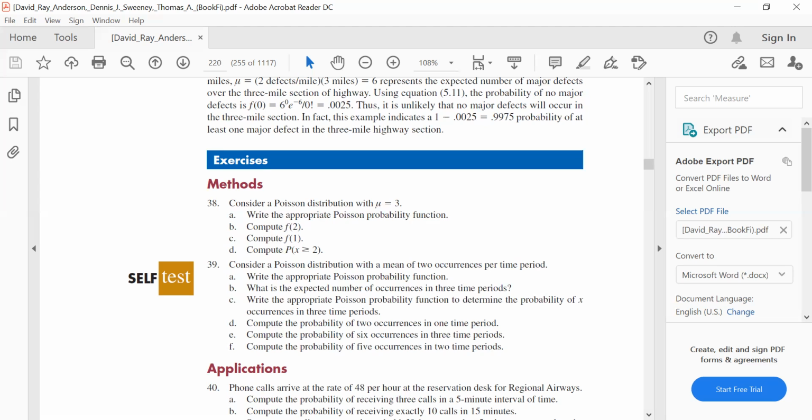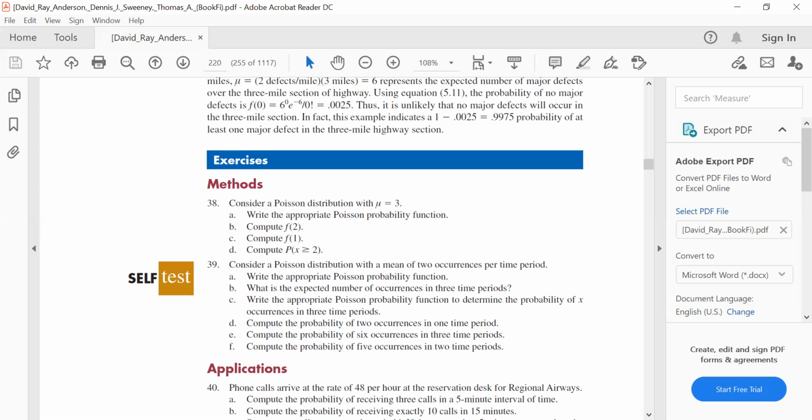That means our mu or mean is 6 now, and we are going to compute f of 6, that is equal to 6 power 6 e power minus 6 divided by 6 factorial, that is equal to 0.1606.